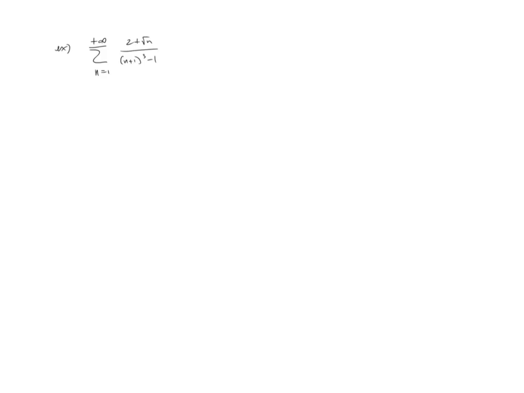So what I might start with is a square root of n over n cubed, which of course could be simplified down to 1 over n to the 5 halves. Okay, so that's going to be something that I'm going to use to compare it to. I know that this series converges by p series. All right, so we're going to keep that in the back of our mind as we move forward.